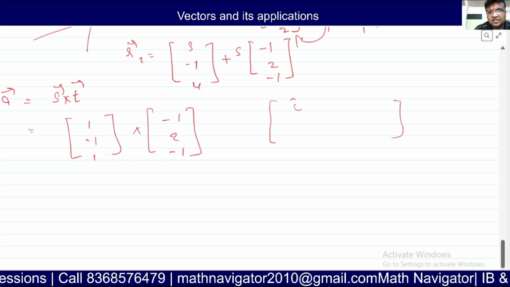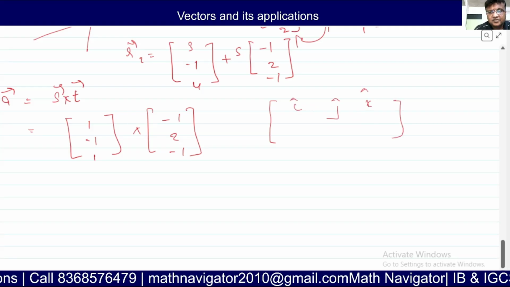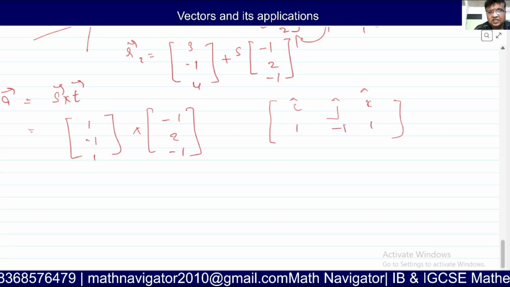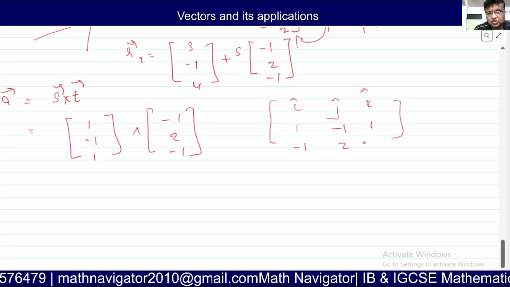I, j, k, right? 1 minus 1, 1 minus 1, 2 minus 1.